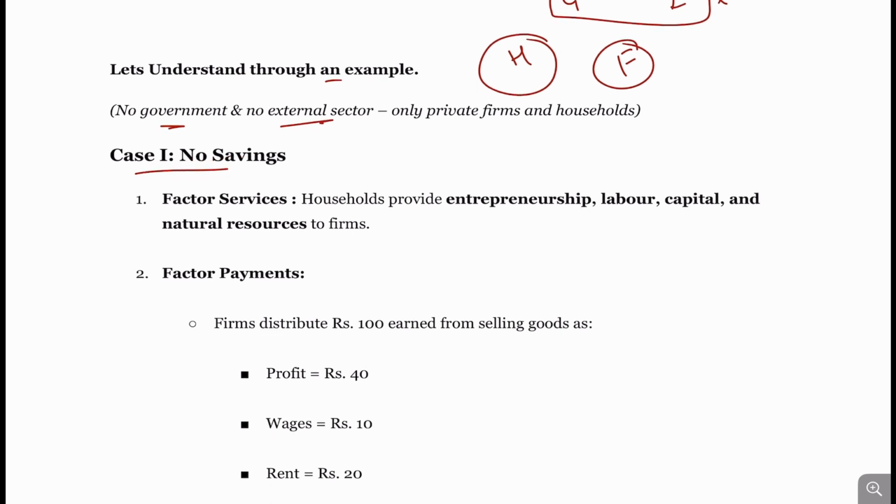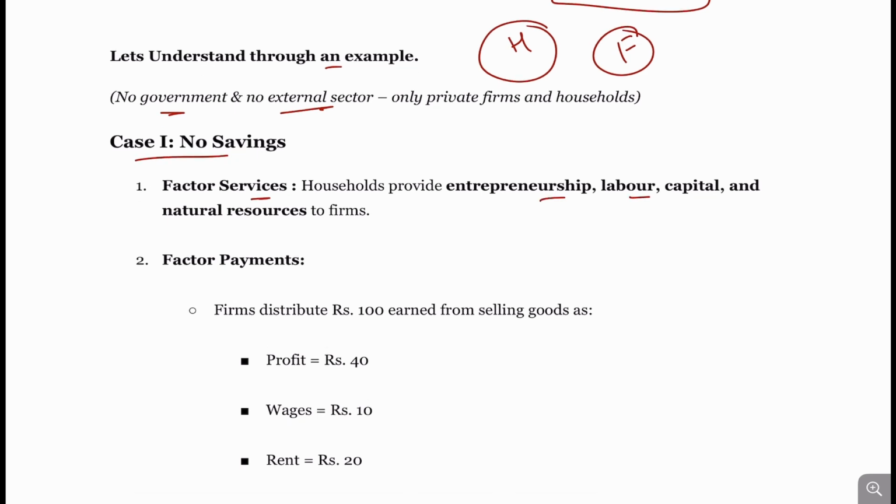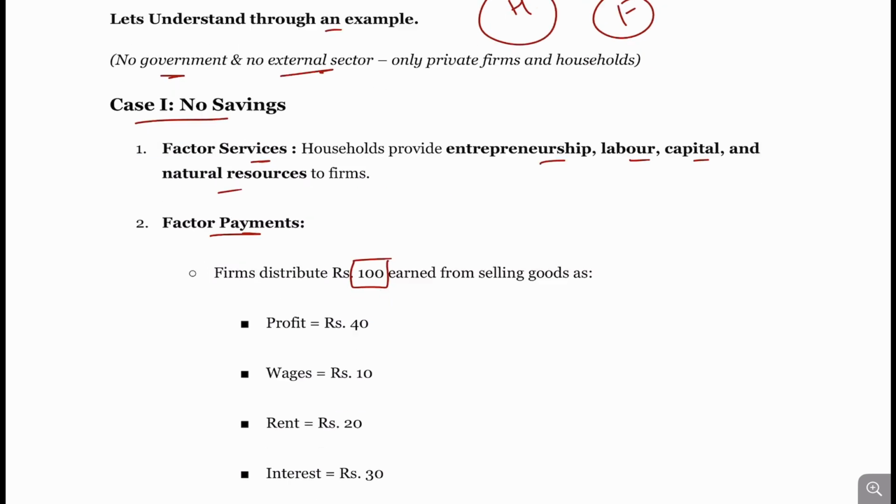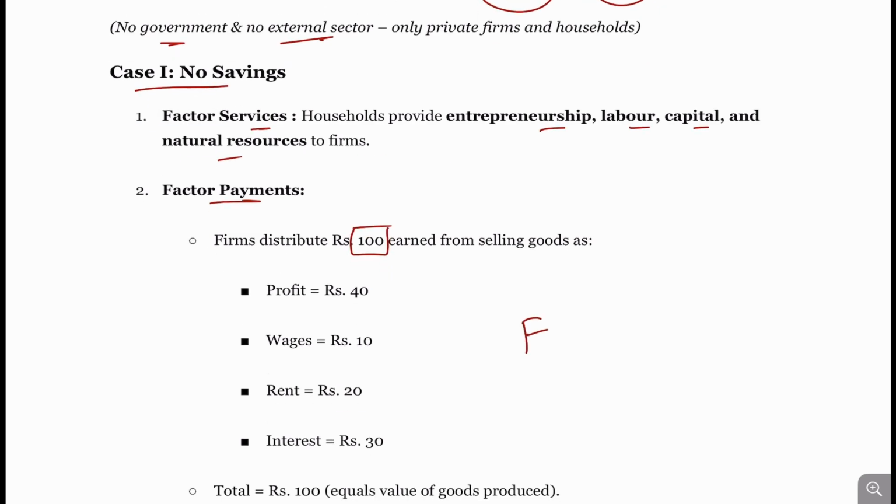Households provide entrepreneurship, labor, capital, and natural resources to the firms, and payments are made by the firms. Suppose 100 rupees is produced by the firm. Let's suppose this is the firm and this is the household, and 100 rupees is being distributed by the firm. How?